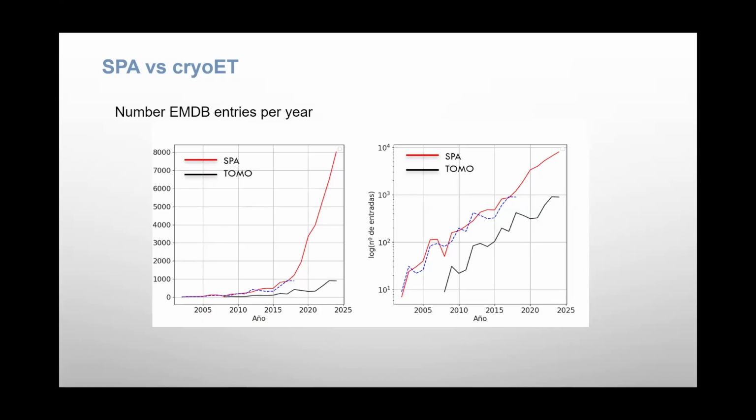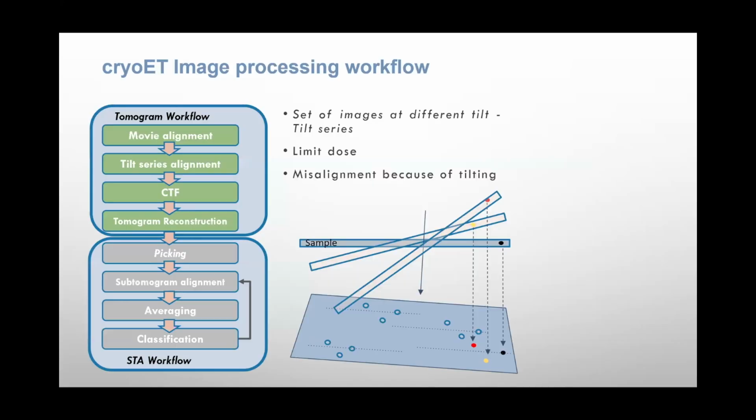We observe that single particle has suffered an exponential growing behavior, but if we take logarithms, we see that the behavior is exactly the same. So I believe that tomography will present this growing during the next years.